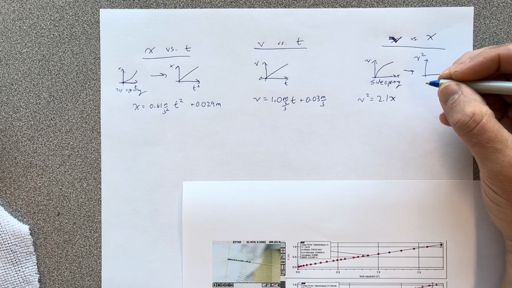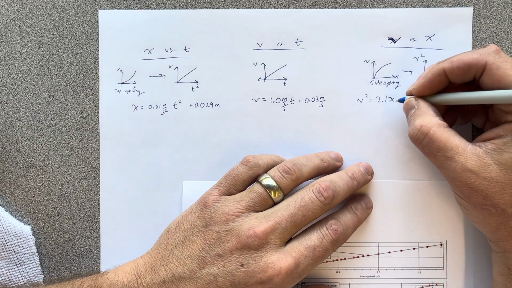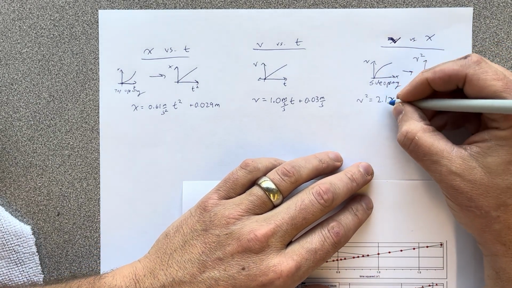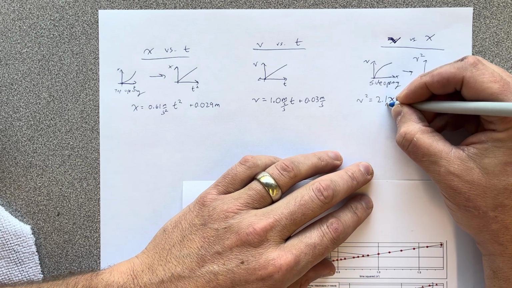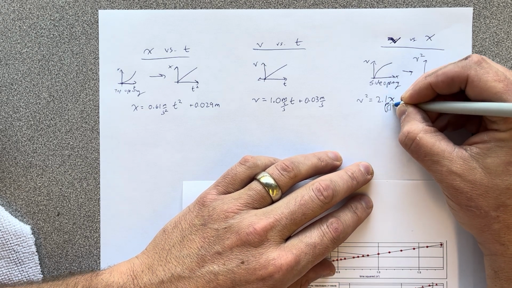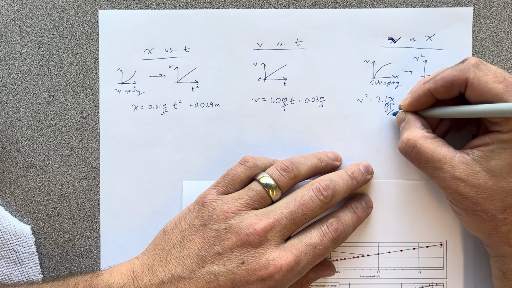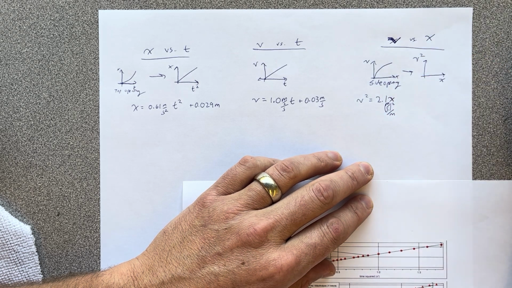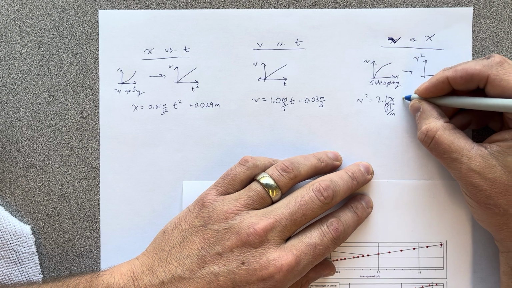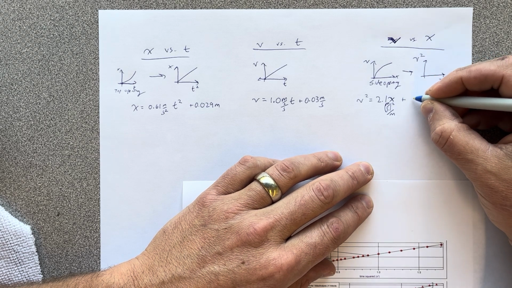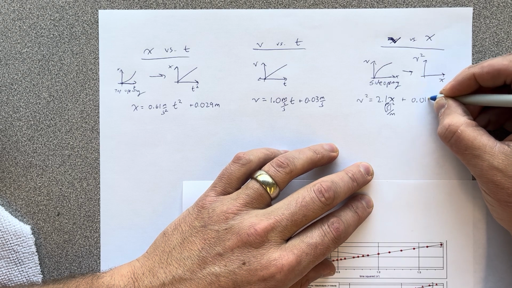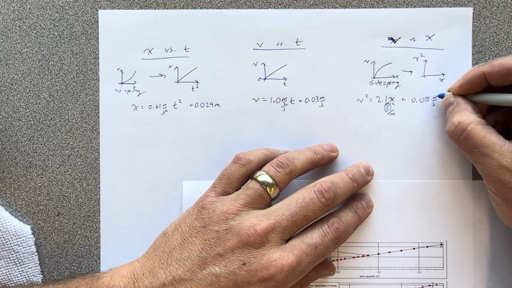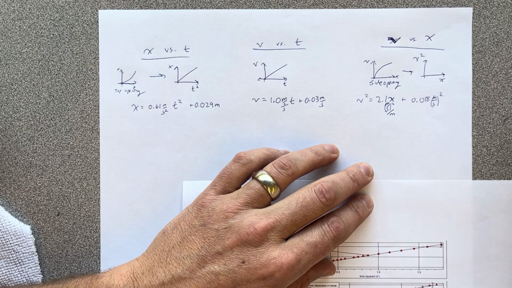That's a big blunder because I need some white out to fix this. 2.1, and I'm going to put the units down here. It's going to be meters per second squared per meter, which I'll show the simplification of, times x plus 0.018 meters per second, and then the whole thing squared.